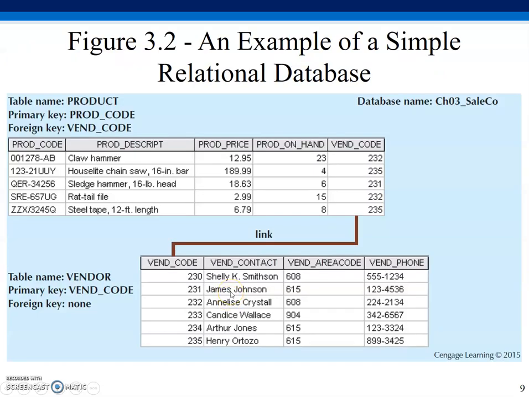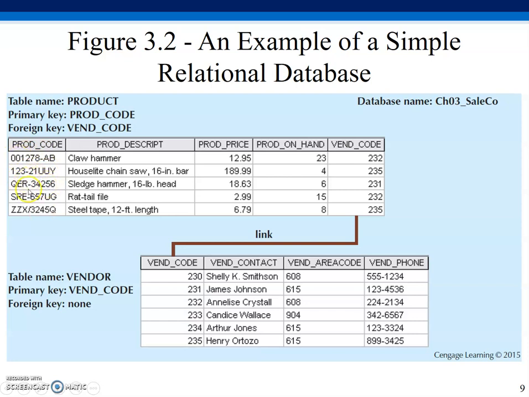Okay, now an example of a simple relational database. Let's say we have got 2 tables here. First table is called product and the second table is called vendor. By looking at this table with the data, we will make product code as a PK. A PK is a field or a combination of fields that uniquely identify a record. You can see that all the values in the PK are unique.